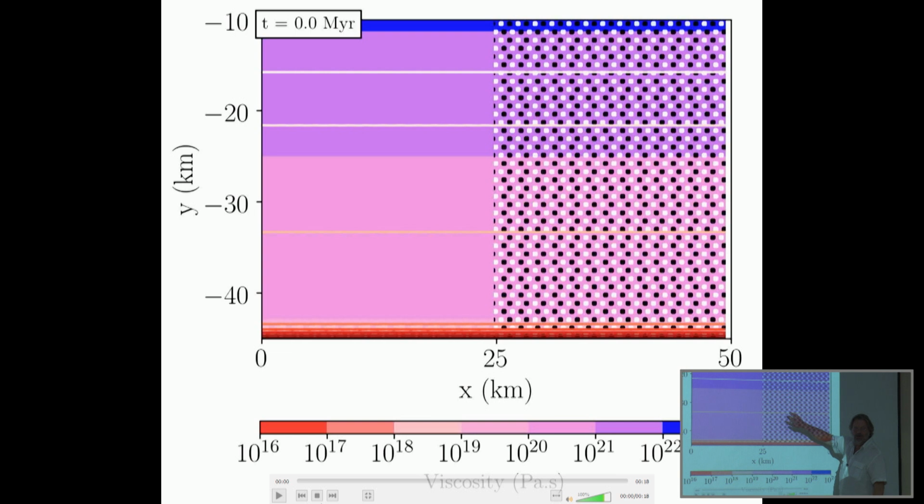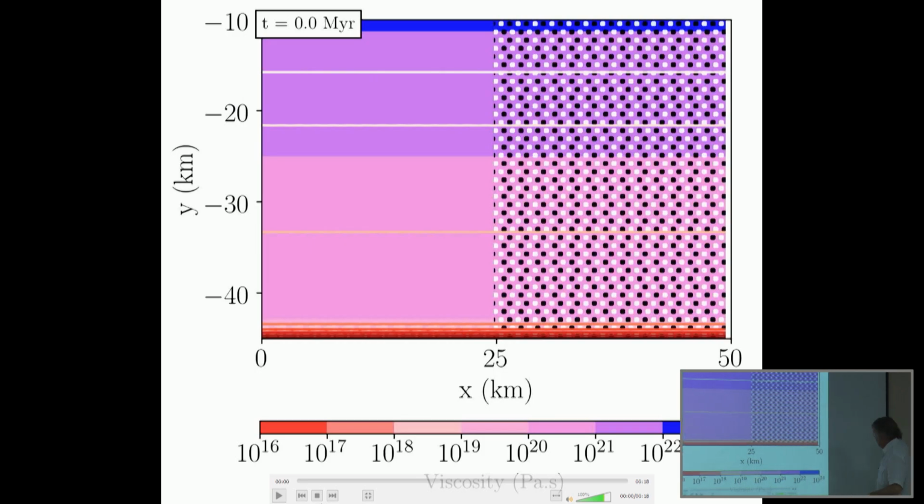That was the big idea, to put inclusions in there. Inclusions in white are lighter than the ambient material, and the dark ones are denser. They will be activated just at the time of solidus, so at 700 degrees. Before that, they're not active.